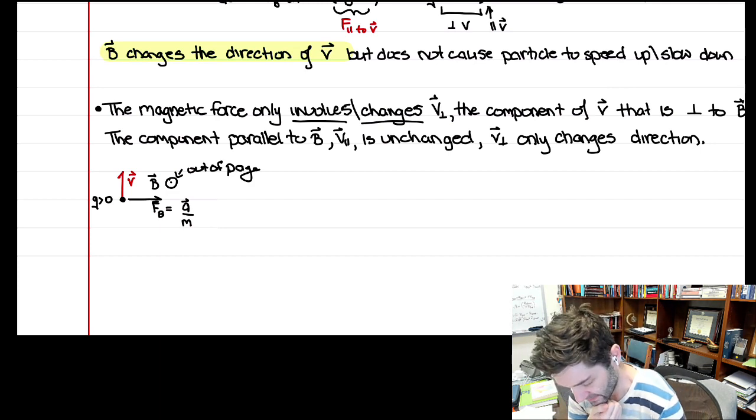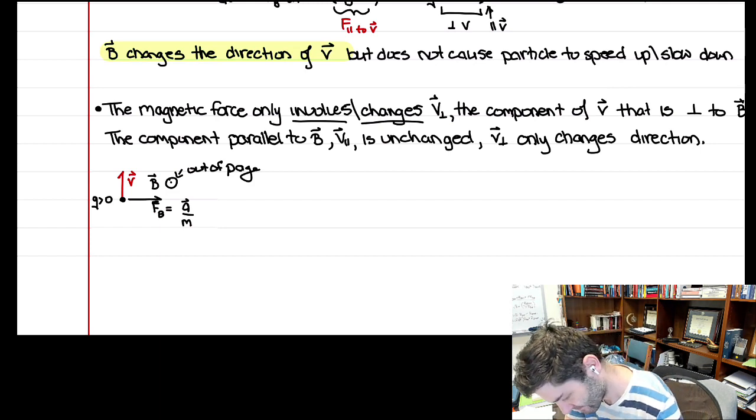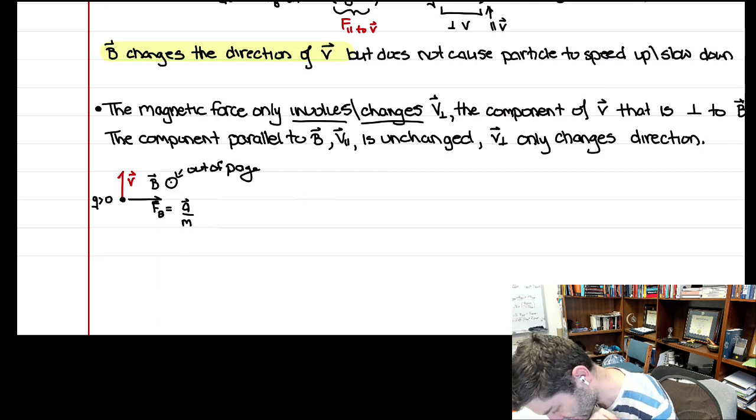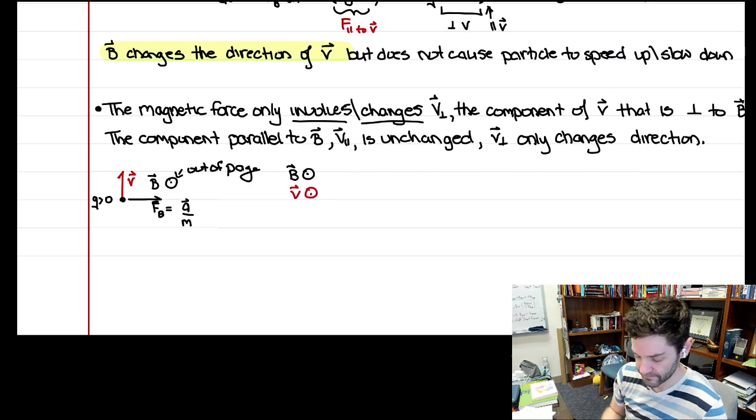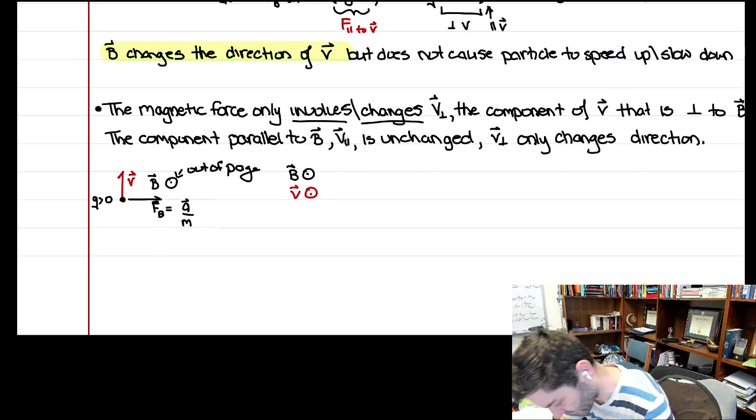In this case, the entire velocity vector is changing. The other extreme, of course, is if the velocity vector is parallel to the magnetic field, then there is no force.